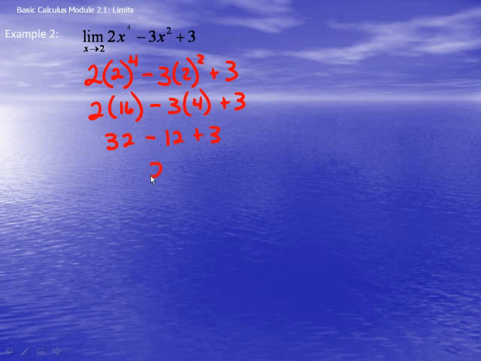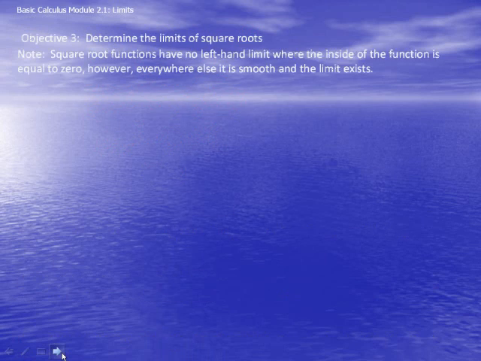And that should give us 23. So notice the limit of this polynomial as x approaches 2, we can solve by using simple substitution. And again, this limit will be equal to 23.